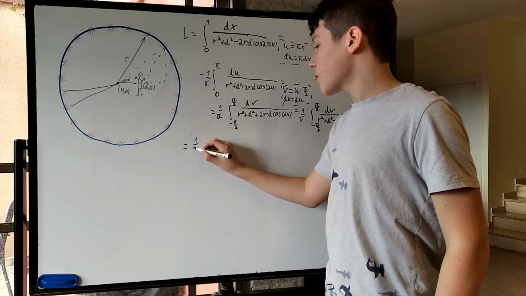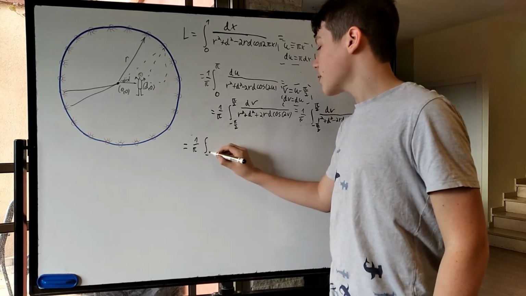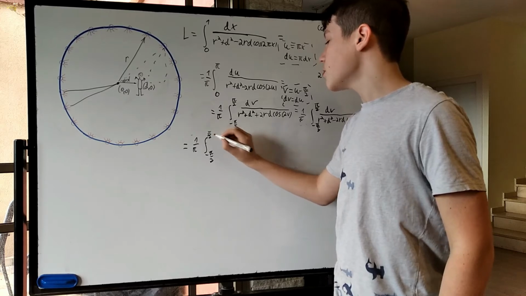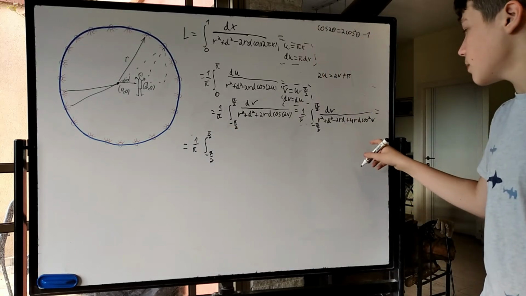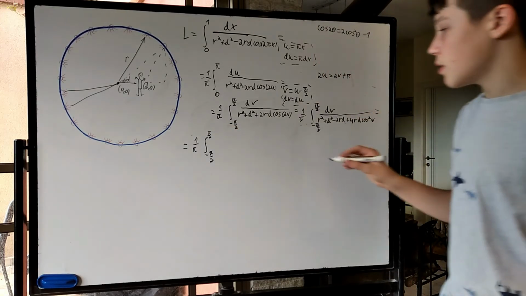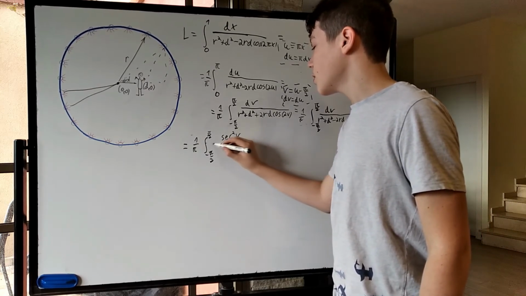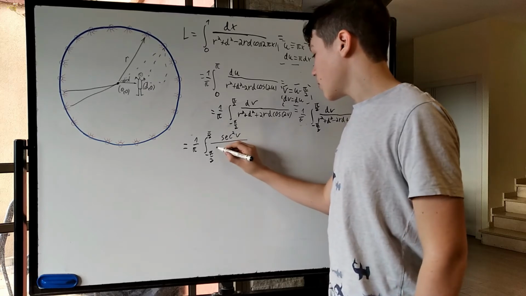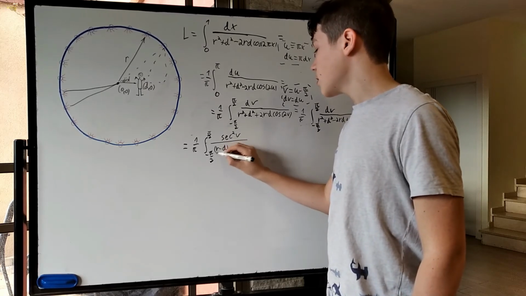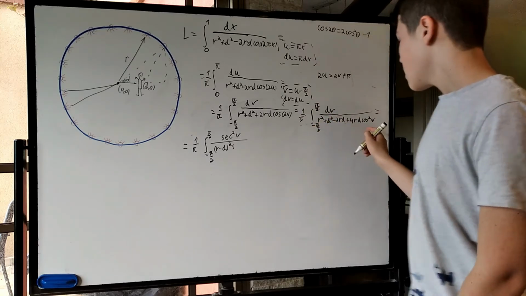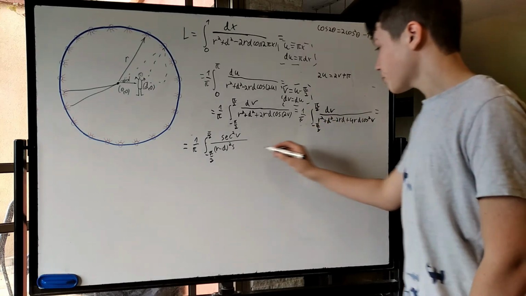And this is 1 over pi, the integral from negative pi over 2 to pi over 2. Now, on top, we'll get 1 over cosine squared v, or secant squared v. And on the bottom, we get r minus d squared, which is this, times secant squared v.